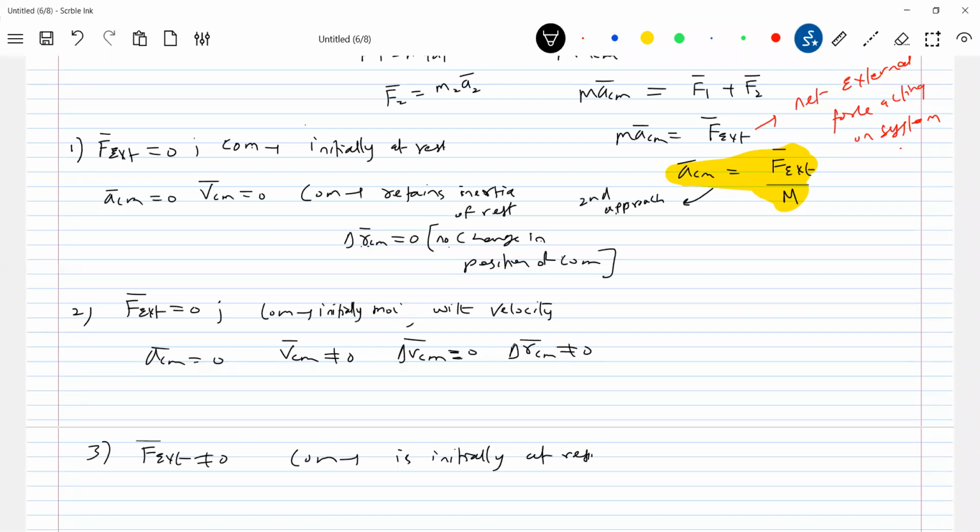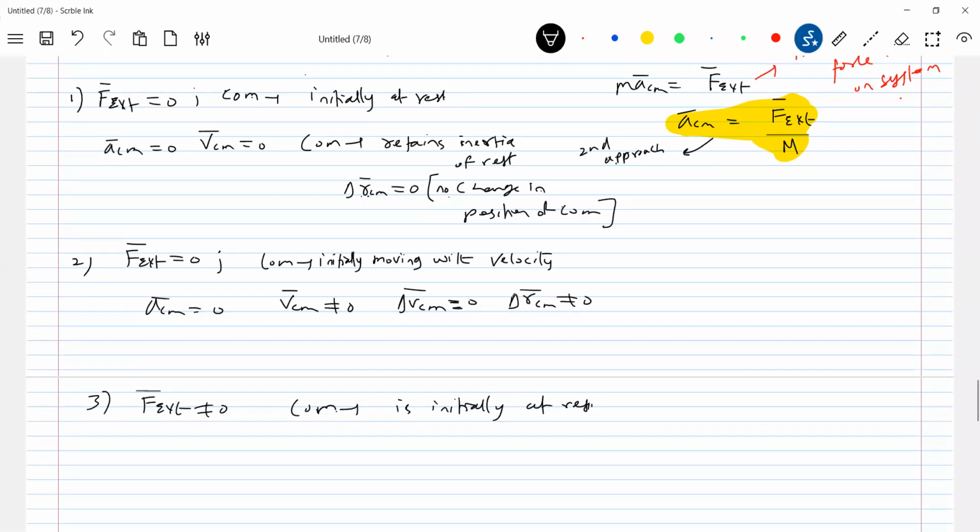Some are asking for this clarification. Okay, I just put everything in order. Now if net external force is non-zero and center of mass is initially at rest, what should happen to acceleration of center of mass? Non-zero. Velocity of center of mass non-zero, or better you write delta VCM. Velocity starts increasing or varying, then position of center of mass is going to change.